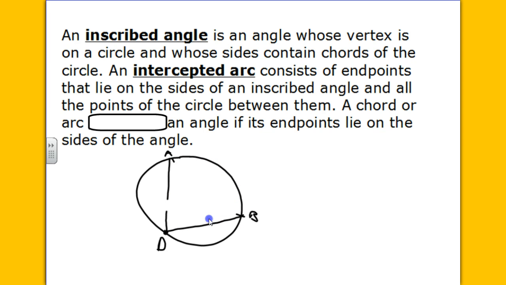We're just looking at the inscribed angle. A chord or arc, we use this interesting word, subtends an angle if its endpoints lie on the sides of the angle.